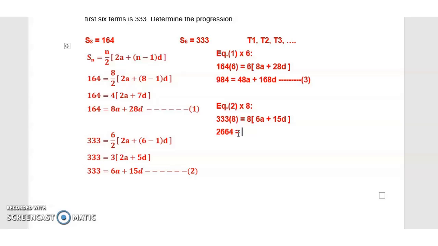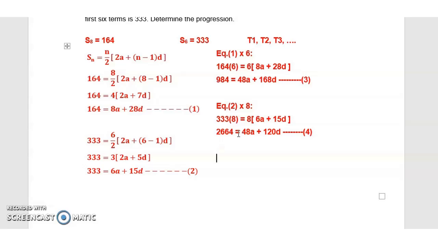So 6 times 8 equal to 48 here. 15 times 8 equal to 120. Okay, let's say I put this one as the fourth equation.